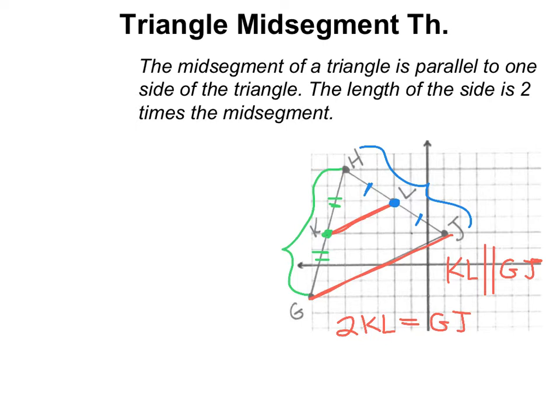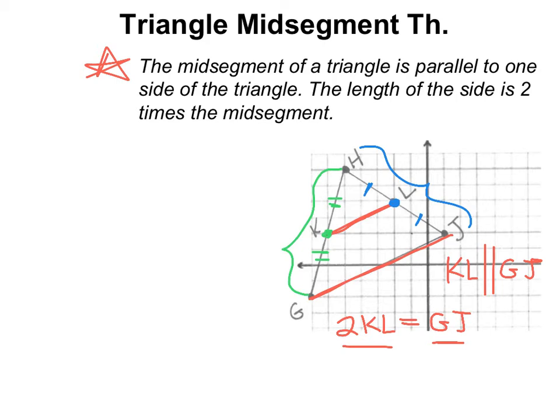This theorem is that relationship: the midsegment of a triangle is parallel to one side of the triangle. So KL is parallel to GJ, and the length of the side is 2 times the midsegment, which here, the length of GJ was equal to 2 times the midsegment.